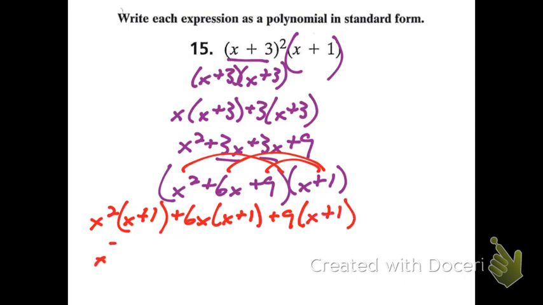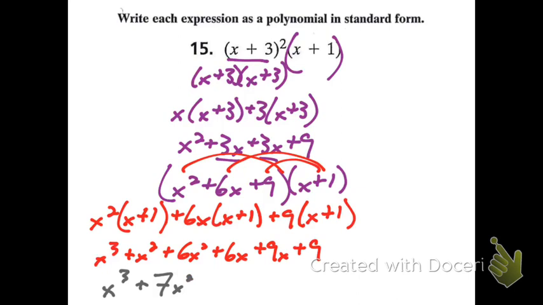So this would be x to the third plus x squared plus 6x squared plus 6x plus 9x plus 9. So our final answer here, once all is said and done, is x to the third plus 7x squared plus 15x plus 9. And that's what we got.